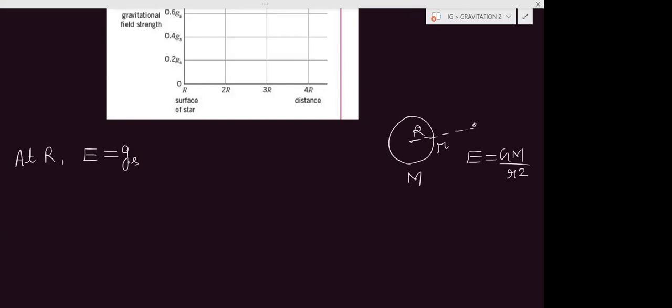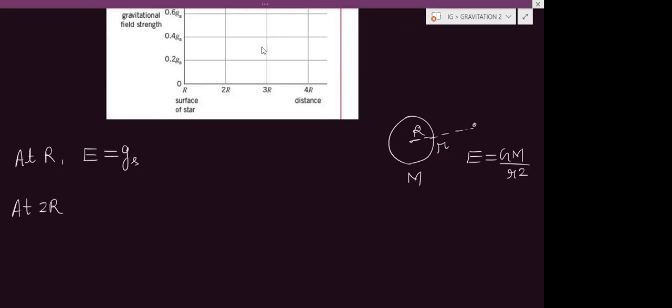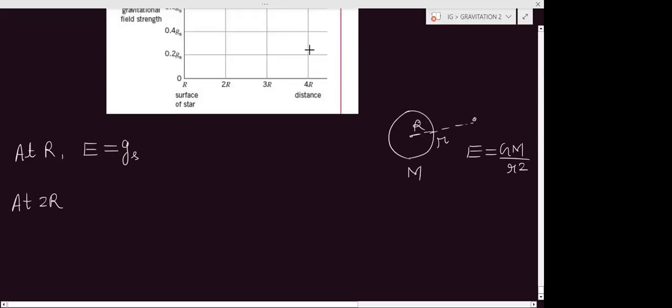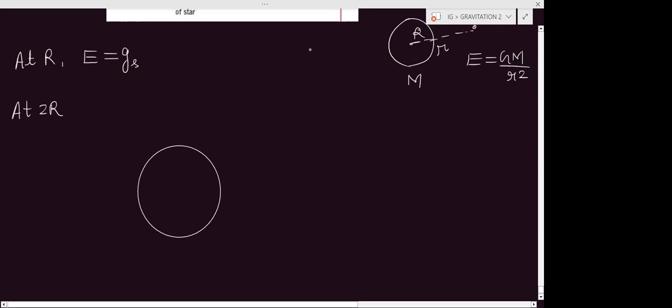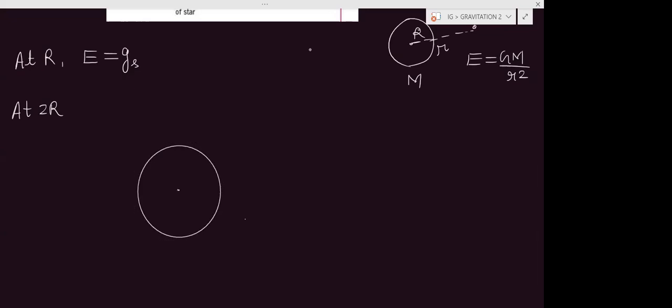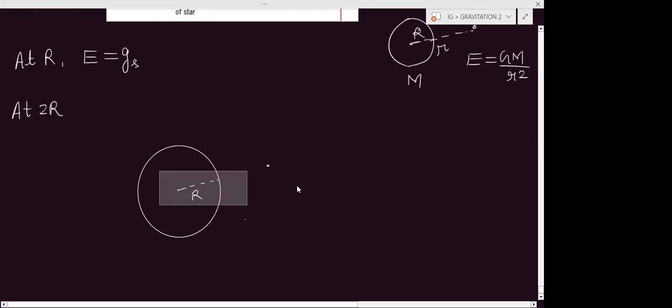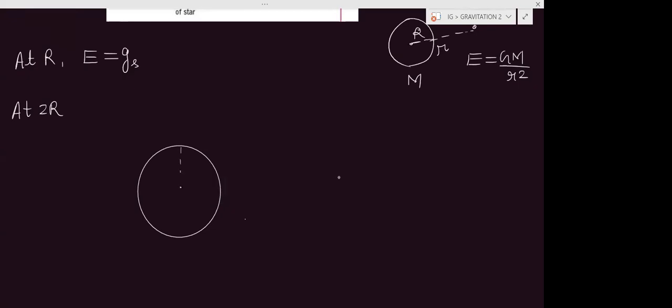So now we will calculate at 2r. This question will take time, so don't worry, this is the lengthy question. This is r, radius of the planet, and at a distance here, this distance is also r.